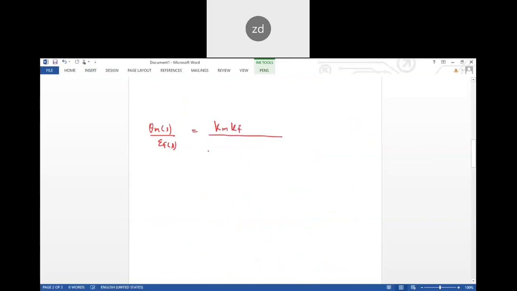Then here the term was Jm s square plus s Bm, and here the term is Rf plus s Lf.